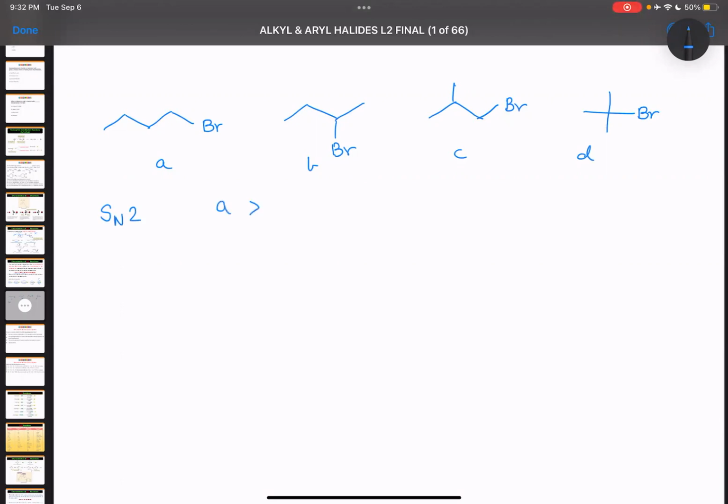A is the fastest and C is the slowest. C or D? D is going to be the slowest one, because D is tertiary.